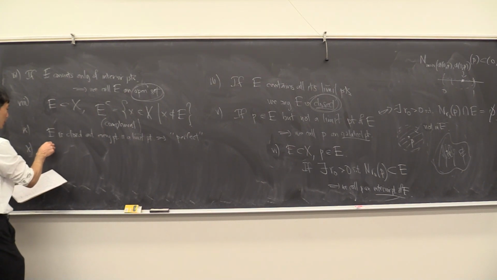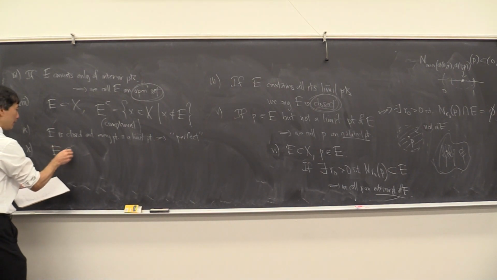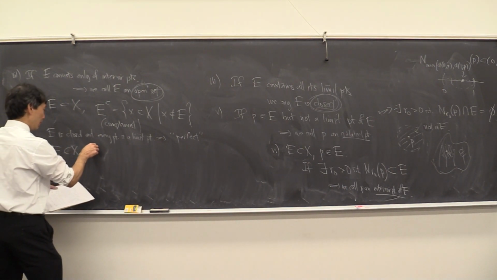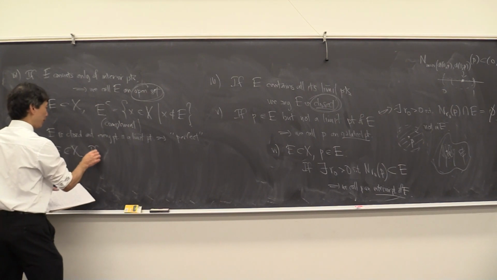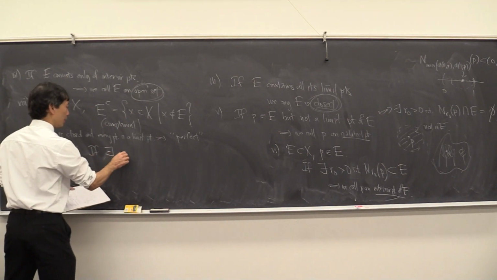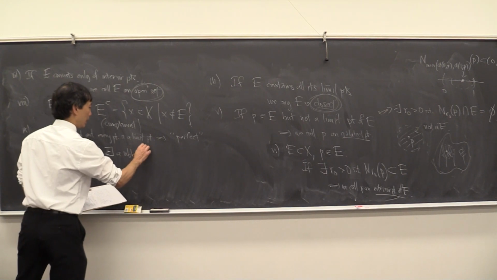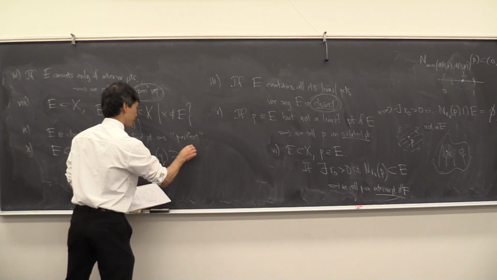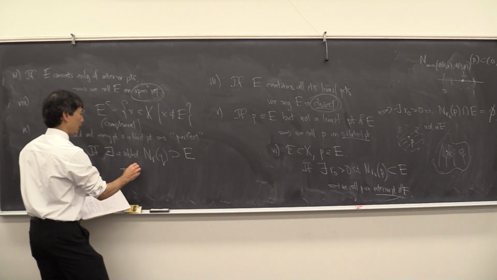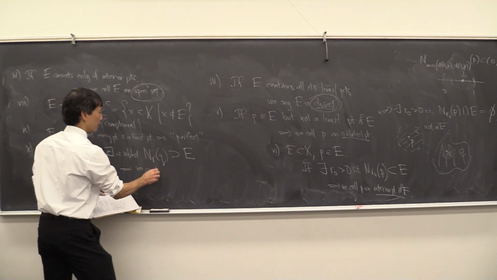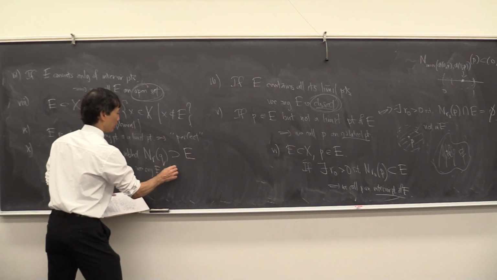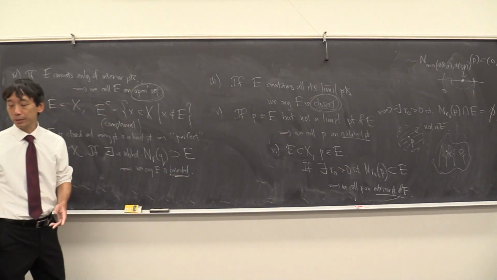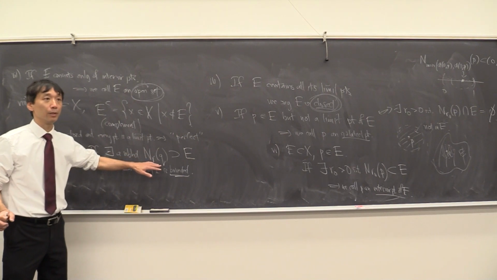More important, if there exists a neighborhood, N_r(q) say, that contains your set, then we say E is bounded. So it just means contained in some ball.